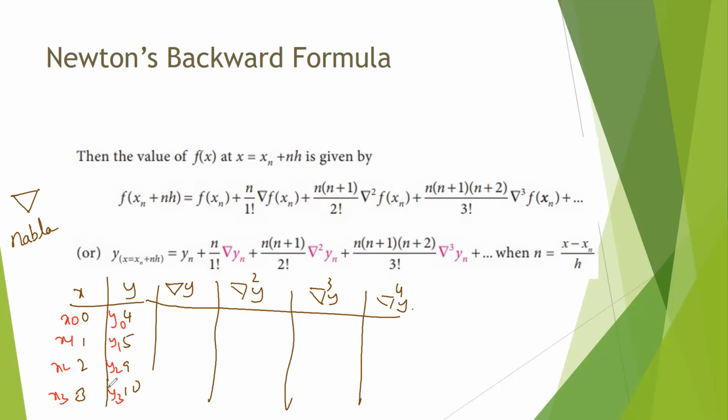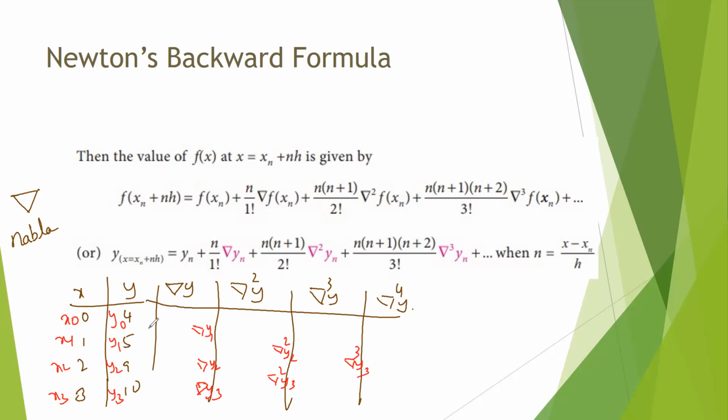The first backward differences are nabla y1, nabla y2, nabla y3. The second backward differences are nabla square y2, nabla square y3, and the third is nabla cube y3.